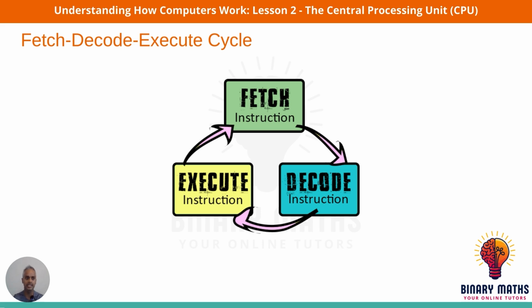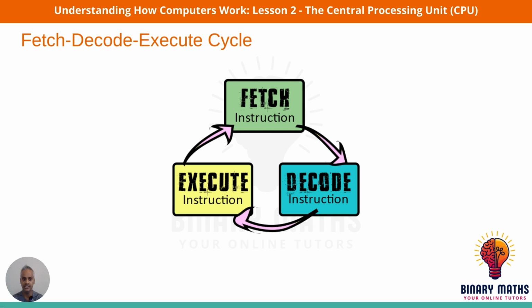Let's break down each stage in a little bit more detail. In the fetch stage, the CPU uses the program counter to find the address of the next instruction. It then retrieves this instruction from memory or RAM and stores it in the instruction register. In the decode stage, the CPU's control unit interprets or translates the instruction and determines what actions are needed.